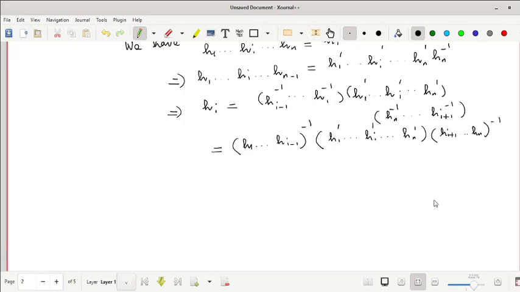Now what to do? Somehow we have to get rid of Hi prime on this side. How to do that?